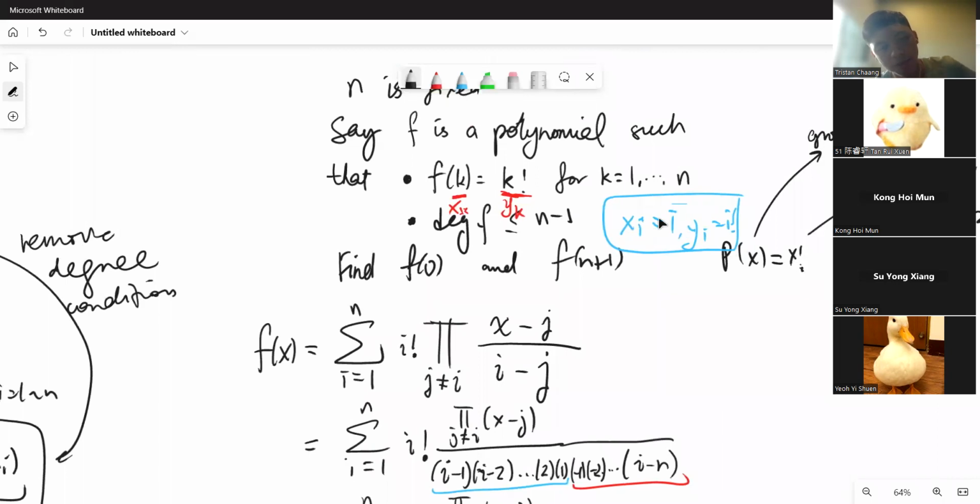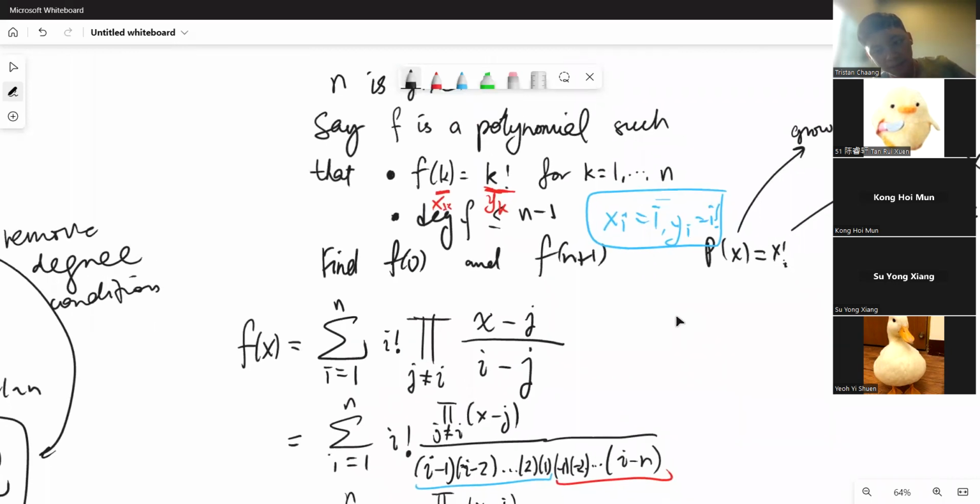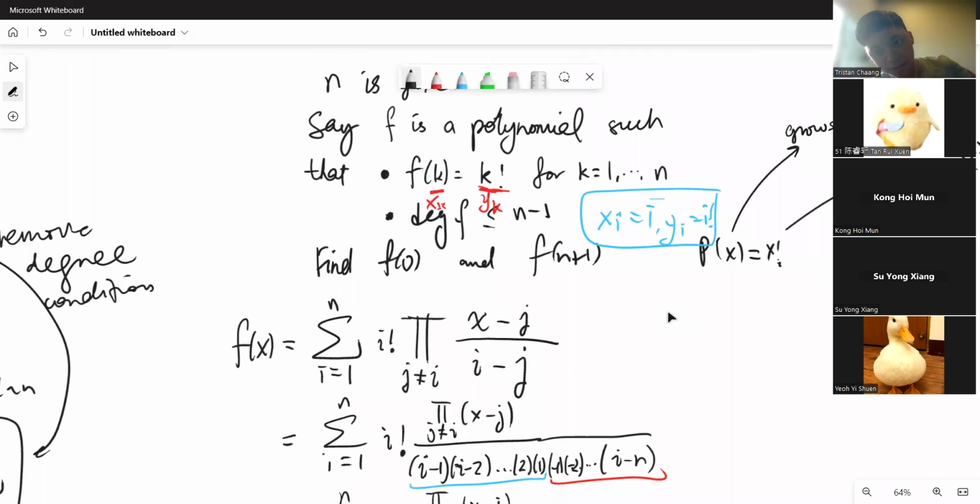Like the blue substitution here. Because we want to find a polynomial that satisfies this, right? f(k) equals k factorial. So they want to agree on these endpoints, 1 to n.